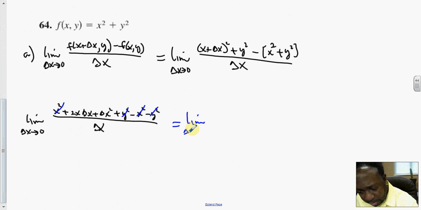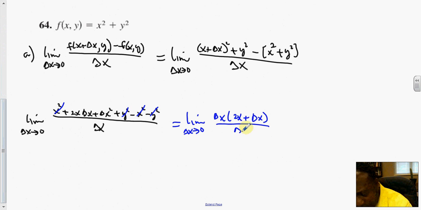This is 2x delta x plus delta x squared, divided by delta x. Let's factor out a delta x from the top: delta x times (2x plus delta x), all over delta x. Delta x divided by delta x cancels out. The only way you can cancel in division is with respect to multiplication; this is delta x times something else. I can't cancel that delta x inside because that's addition.